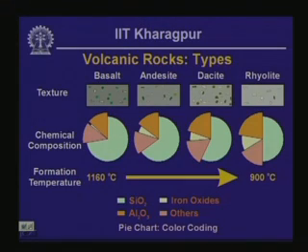Okay. Now we try to look at the texture, chemical composition and formation temperature of different types of volcanic rocks. We look at the major categories of volcanic rock: basalt, andesite, dacite, and rhyolite.